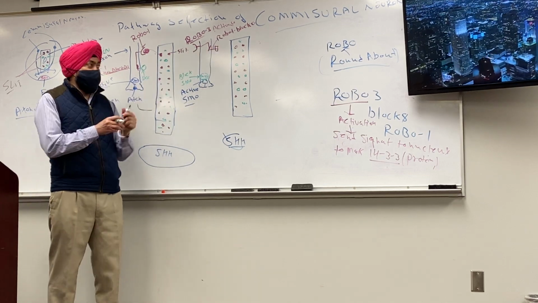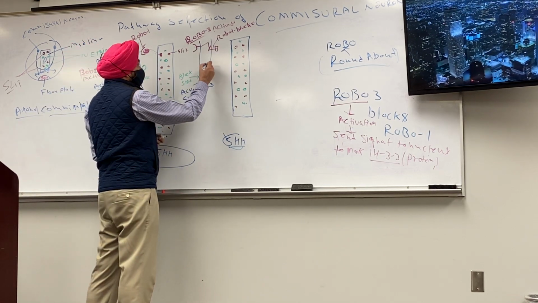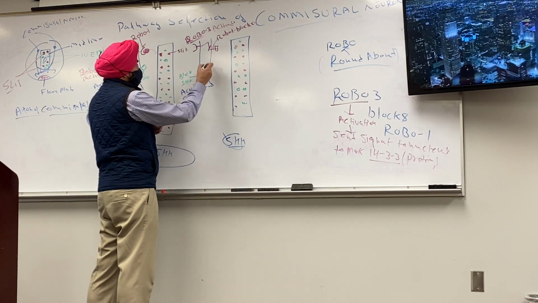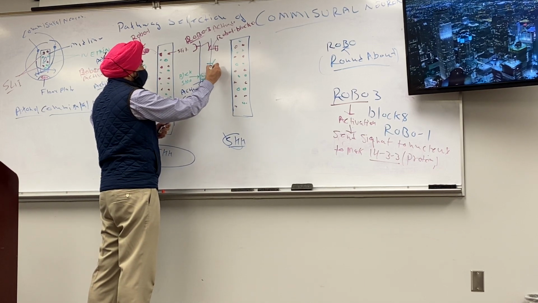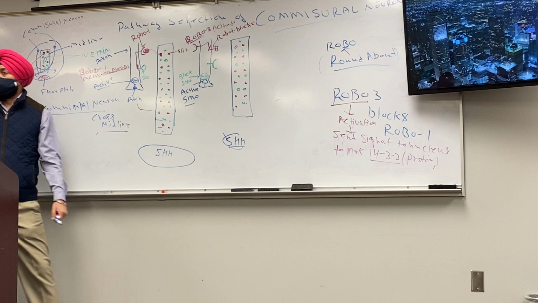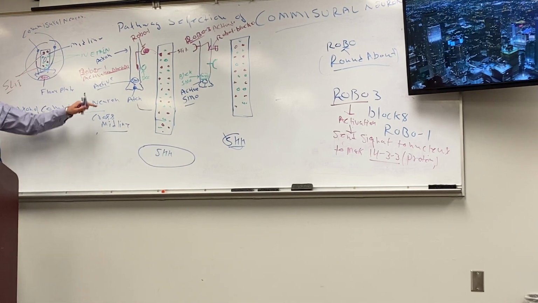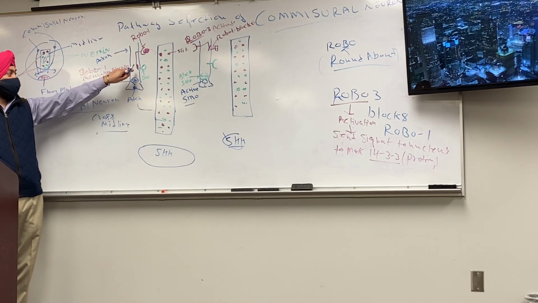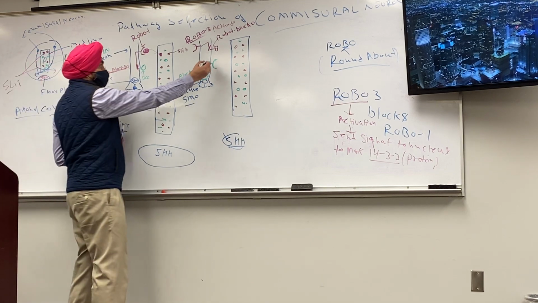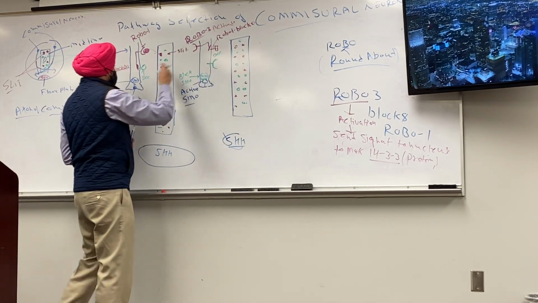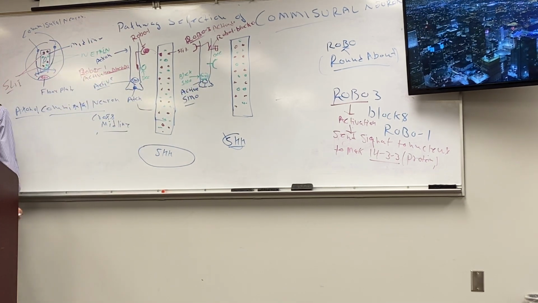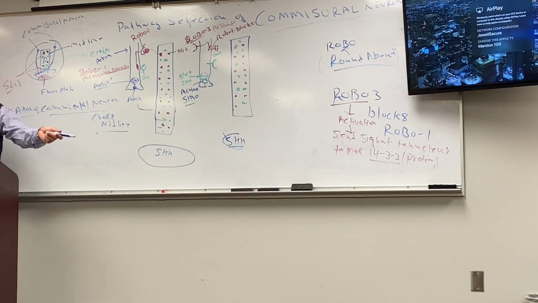If Slit cannot bind to it, then you have this receptor for netrin. Now this netrin receptor is open. Right? What was Robo1 doing? Robo1 was activating and blocking the DCC here. So this DCC was blocked. Now DCC is open.